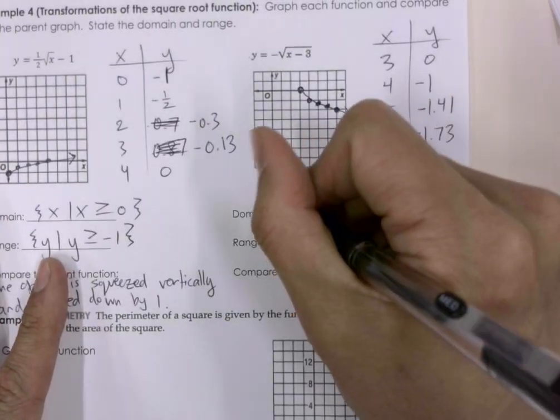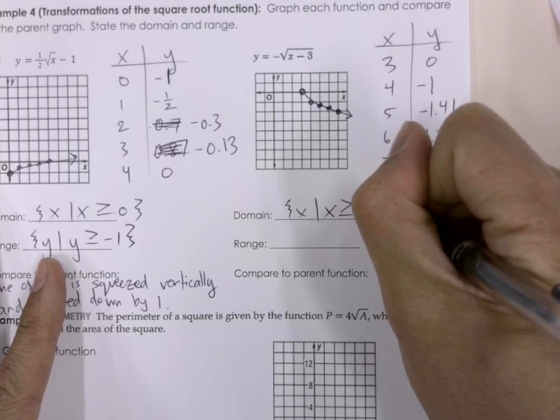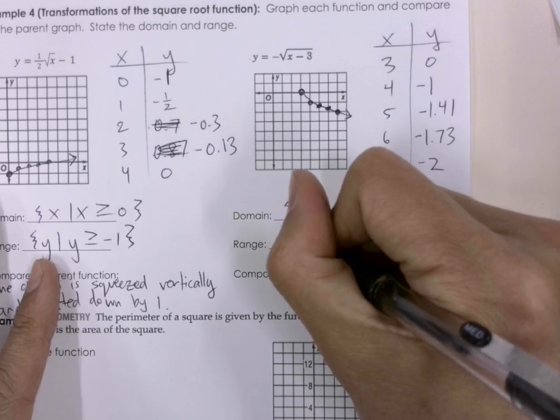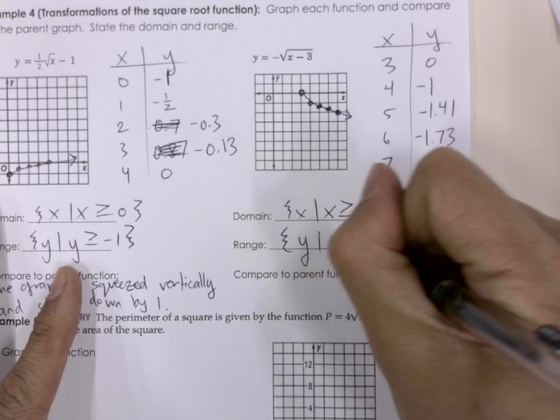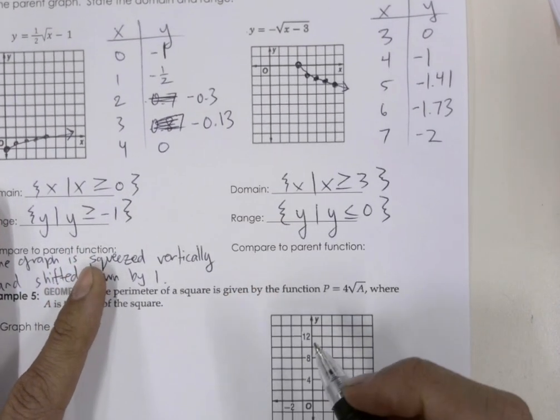Right? So what's the domain? It's all x such that x is greater than or equal to 3. And what's our range? Our range is y such that y is less than or equal to 0. Right? And how do we compare to the parent function?